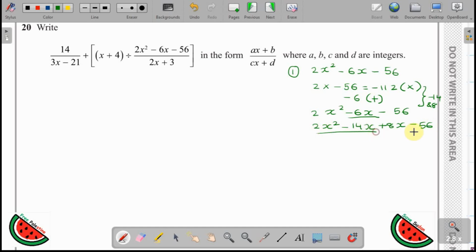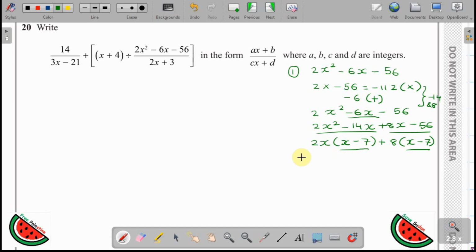I'm going to factorize this and this separately. Here the highest common factor is 2x, in brackets I have x minus 7. And here the highest common factor is 8, and in brackets I have x minus 7. This is a crucial point, because if these two brackets are the same, that's a very good indication that I have done this correctly.